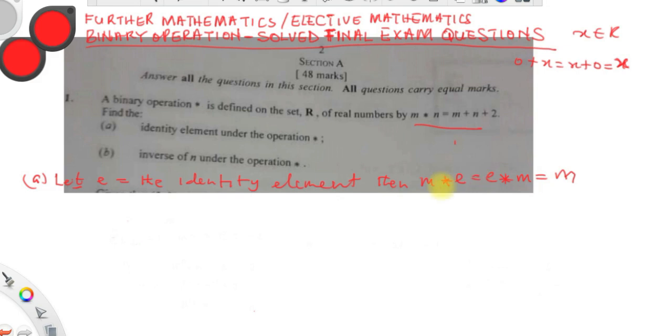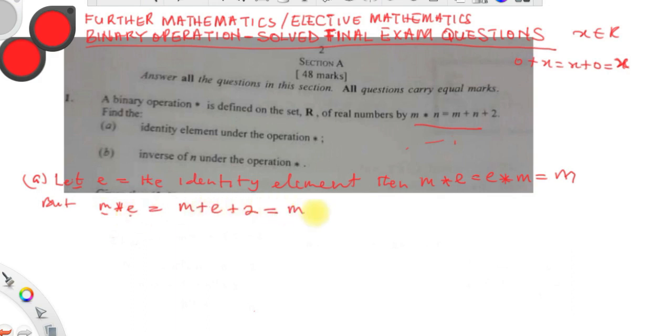If e is the identity element, then if I combine e with m under the operation star, we have to get m. So m star e is equal to m plus e plus 2. Since we are combining m with the identity element, we have to get m.